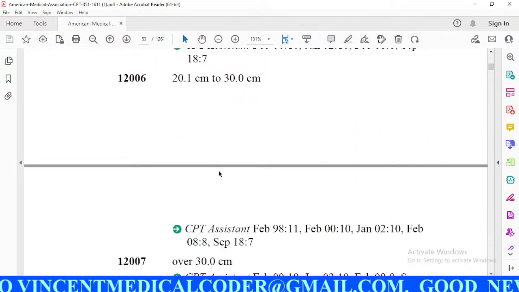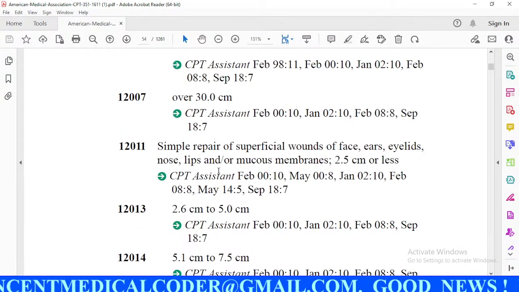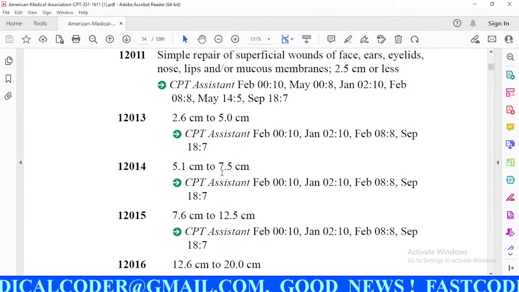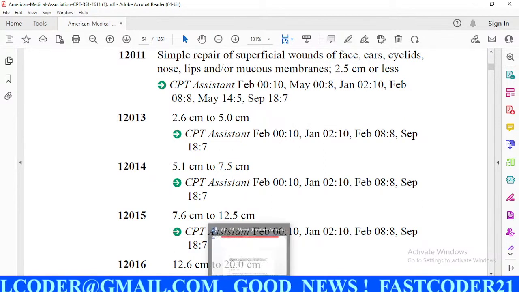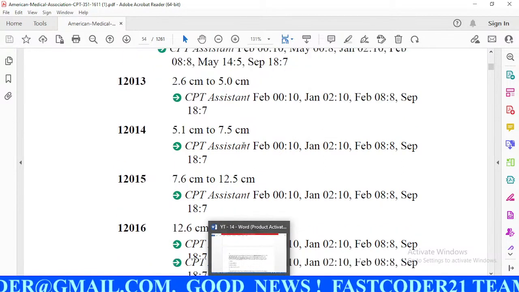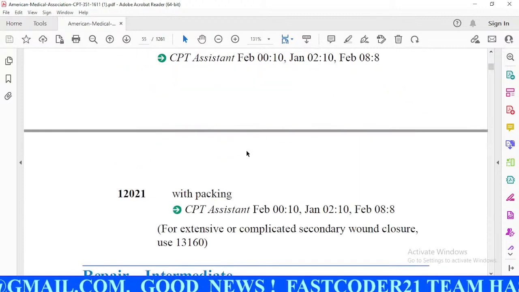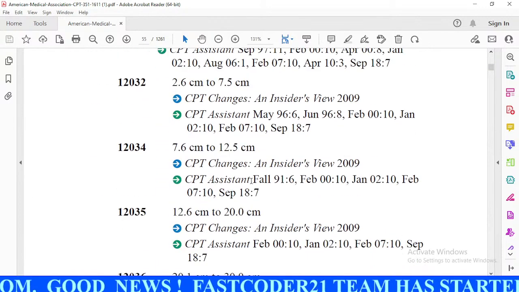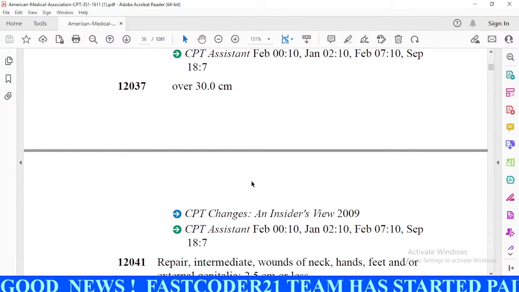We need intermediate repair as it is a layered closure, so we need to code 12044. See here, repair, intermediate. So here we need to code 44.